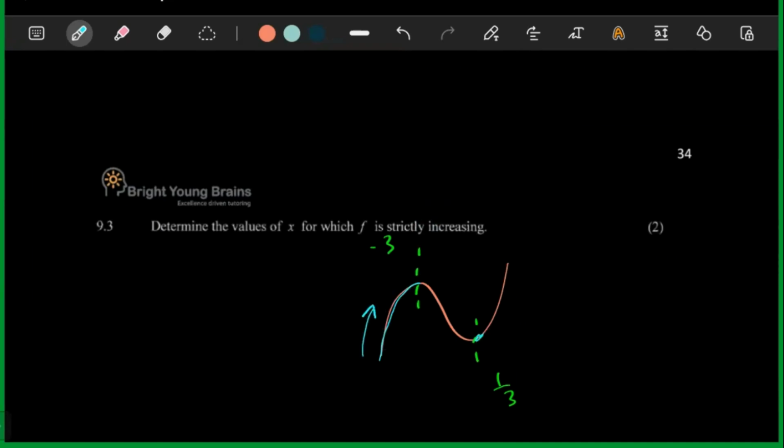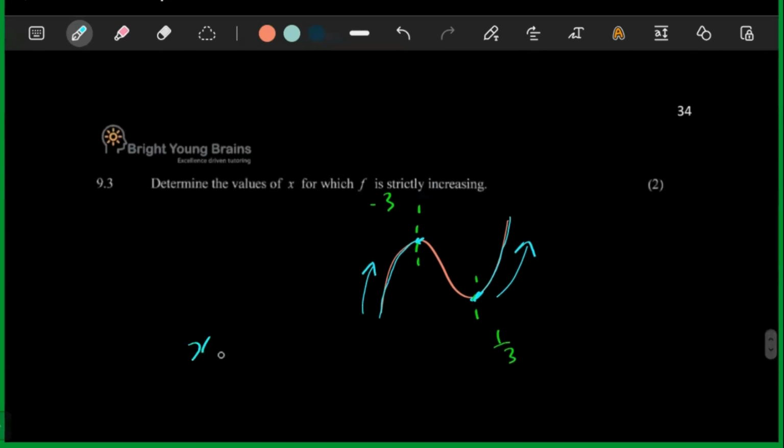If you're walking, you're walking up until here, then you go down until here, then you go up again. So the graph is increasing where our x values are below -3 or our x values are above a third.